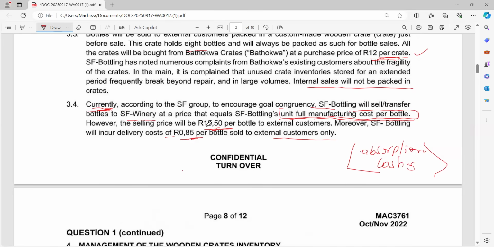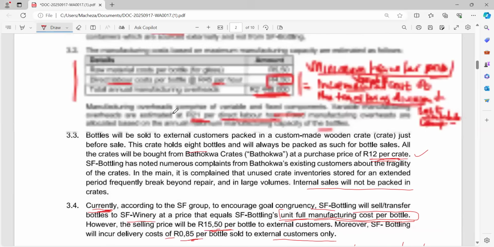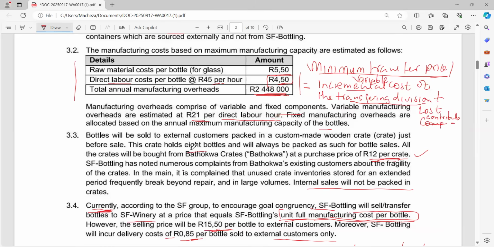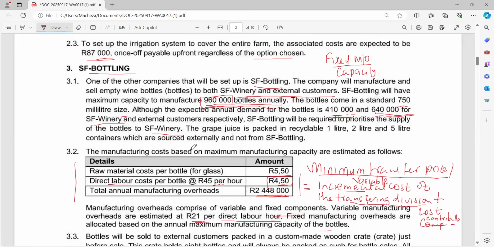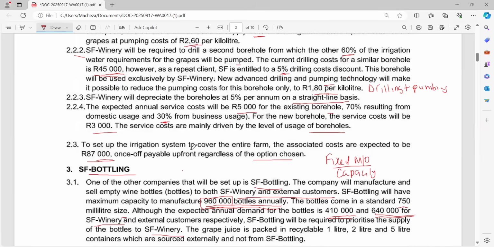However, the selling price will be 15 Rand 50 per bottle to external customers. So MBC is the whole organization. Am I correct here? Yeah, MBC is the whole organization here.